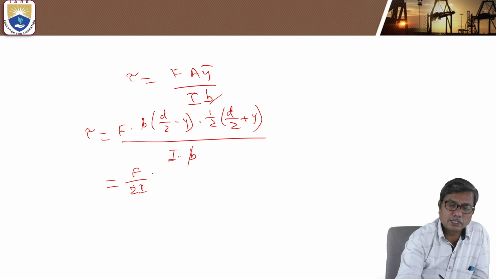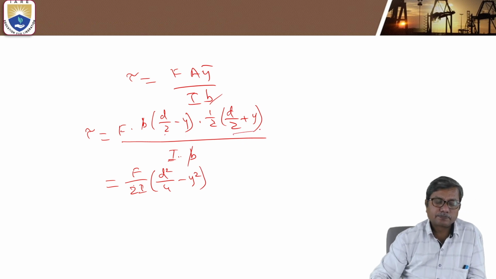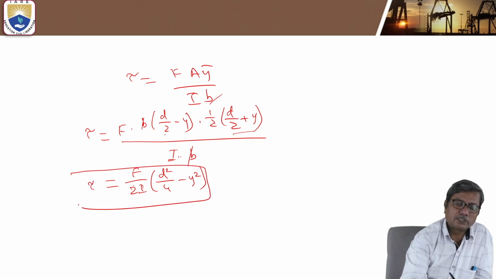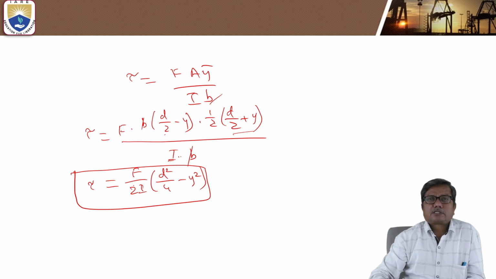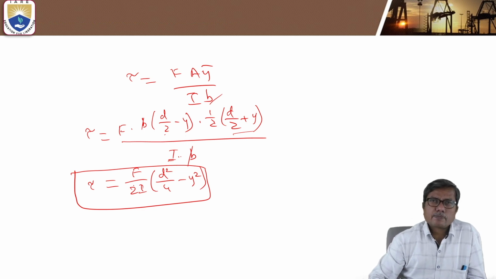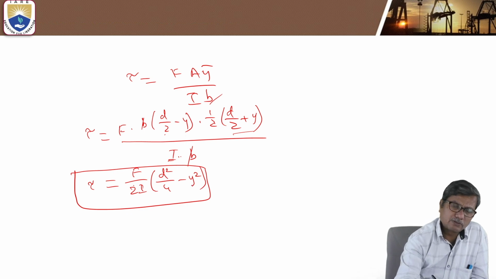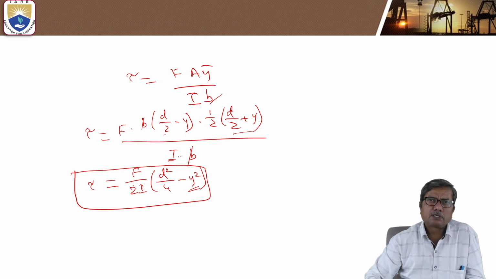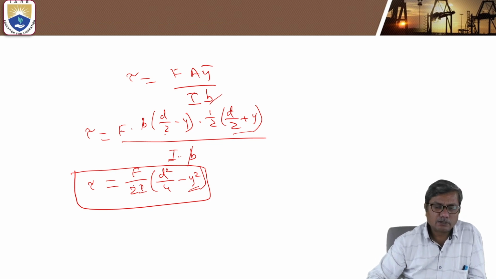F by 2I into d square by 4 minus y square, that is d by 2 minus y and d by 2 plus y. So this is the equation for shear stress at any distance y in case of a rectangular section. Now giving different values to y, you will get the shear stress distribution across the rectangular section.